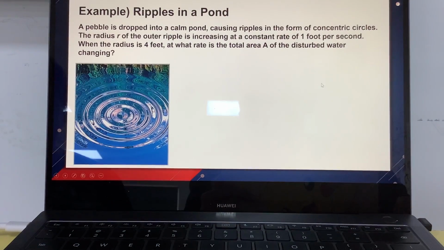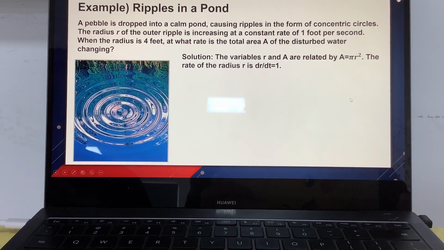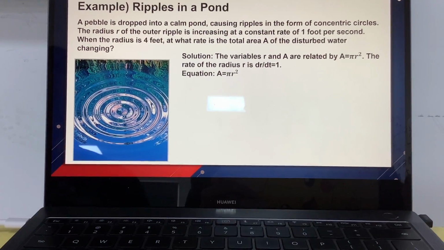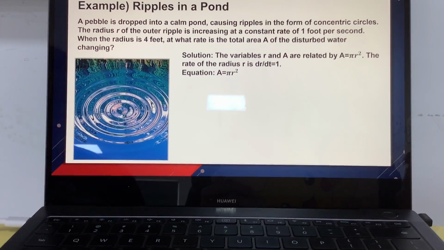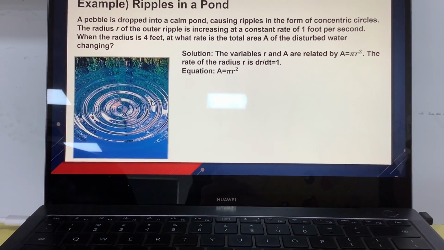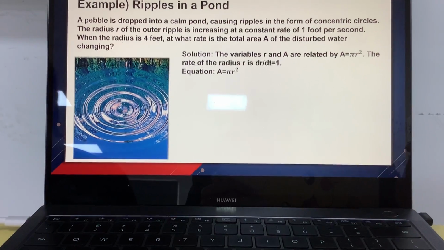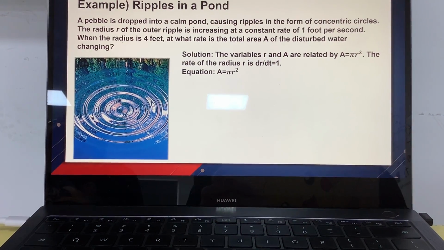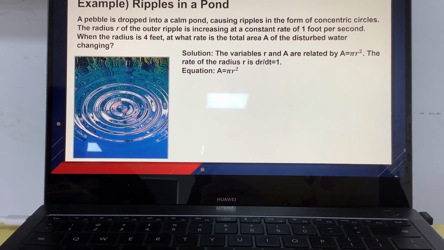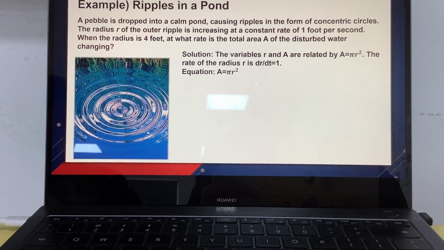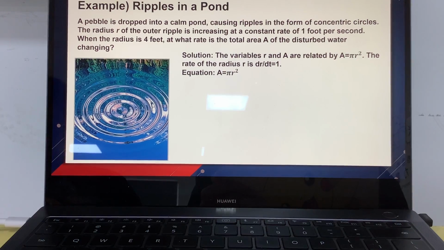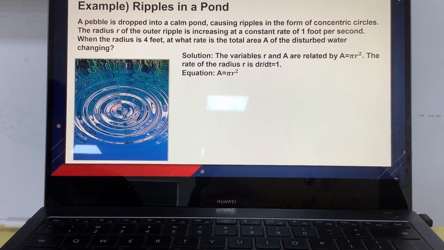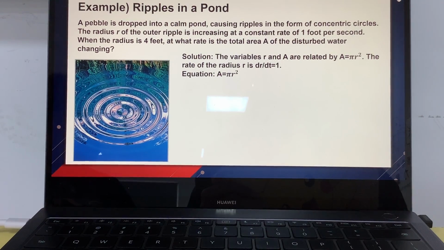Next example is ripples in a pond. A pebble is dropped into a pond, causing ripples in the form of concentric circles. The radius r of the outer ripple is increasing at a constant rate of 1 foot per second. When the radius is 4 feet, at what rate is the total area A of the disturbed water changing?